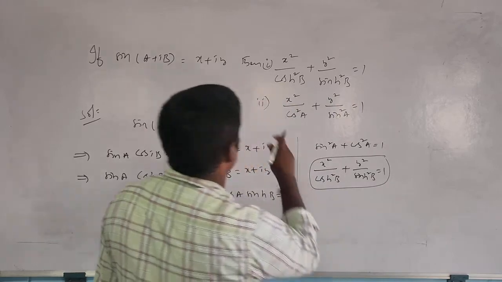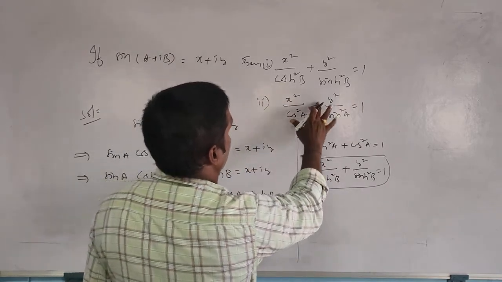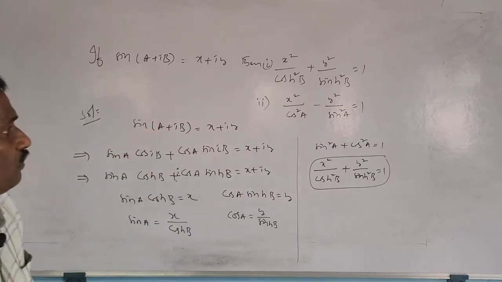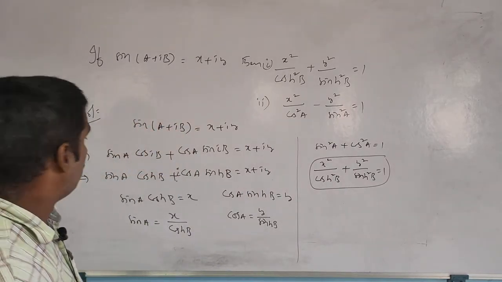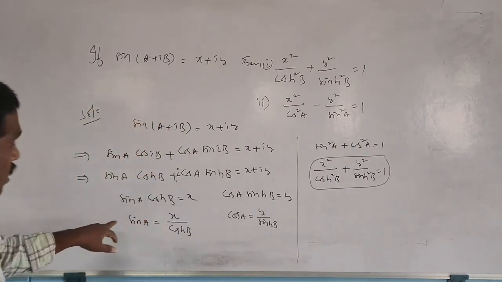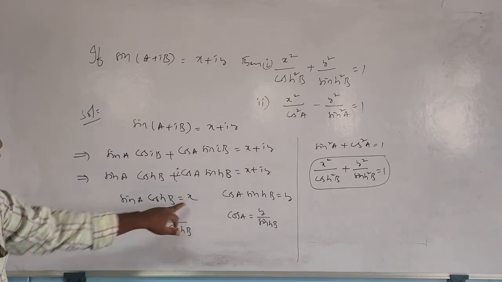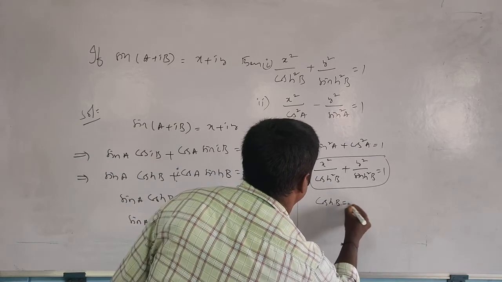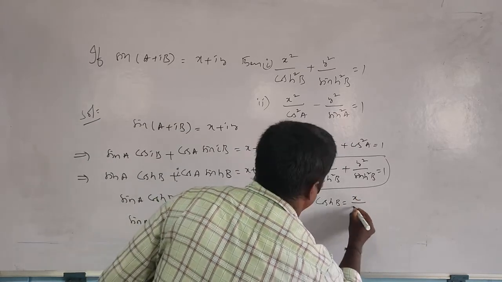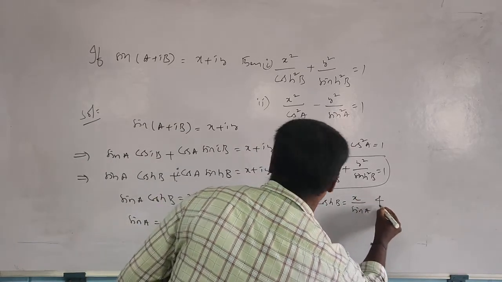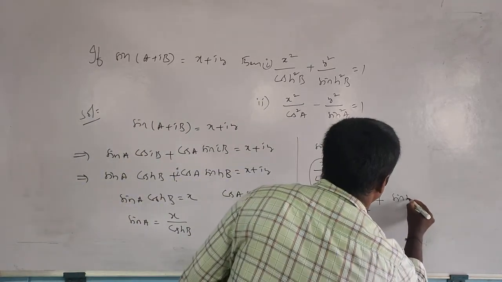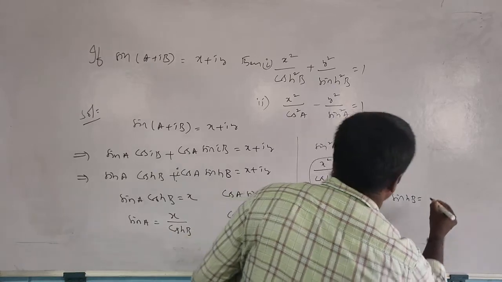The second proof is x square by cos square a minus y square by sin square a equals 1.